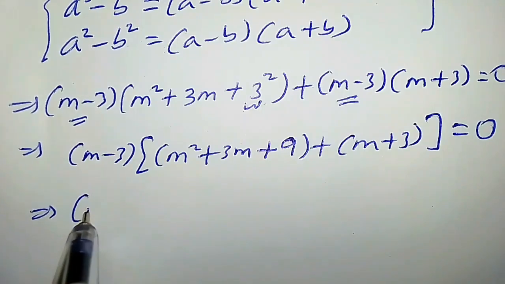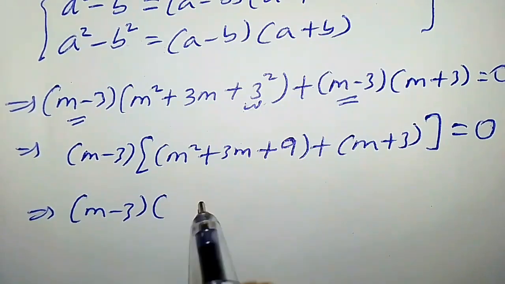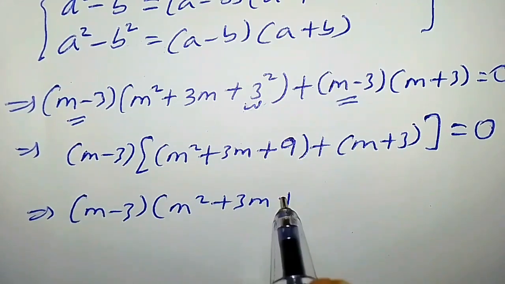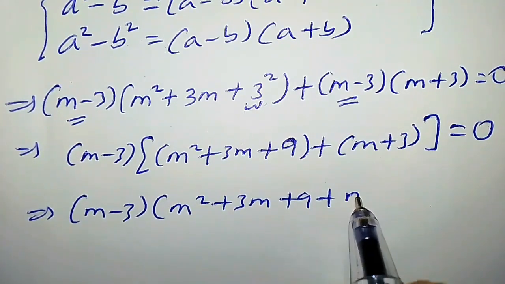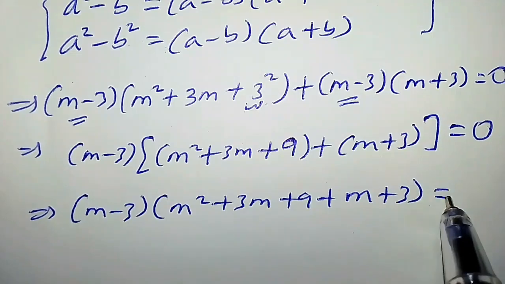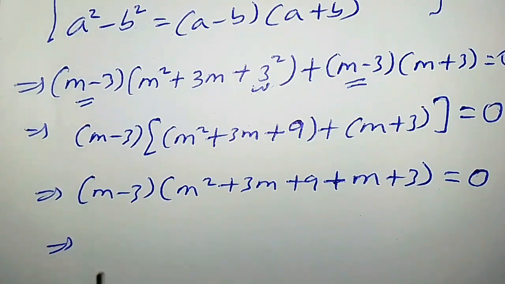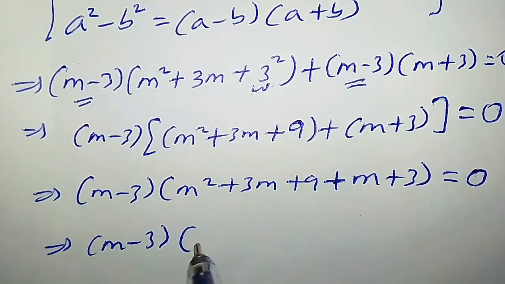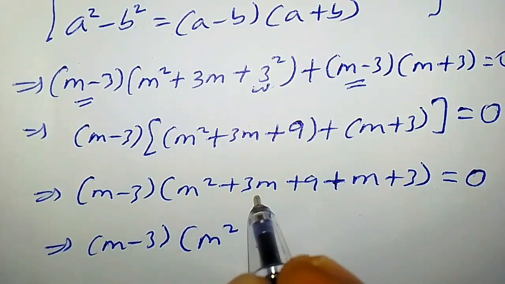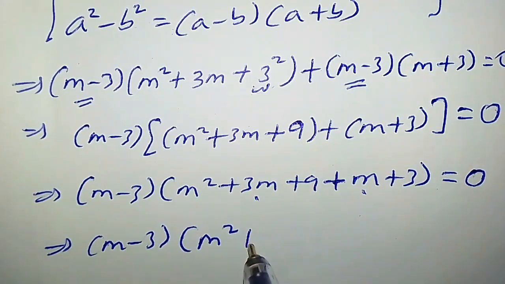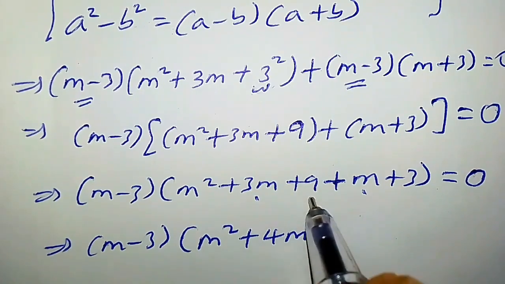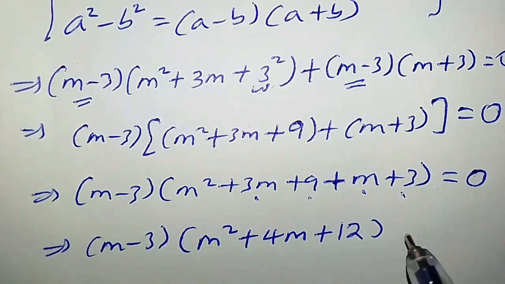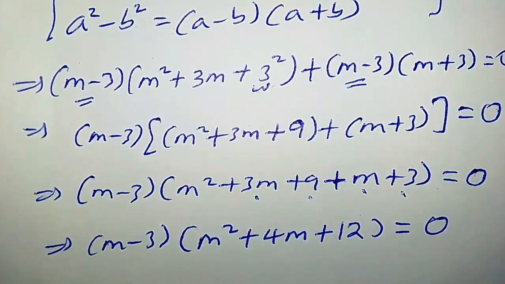This means that m minus 3 times m square, 3m plus m, that is 4m, 9 plus 3, that is plus 12, equal to 0.